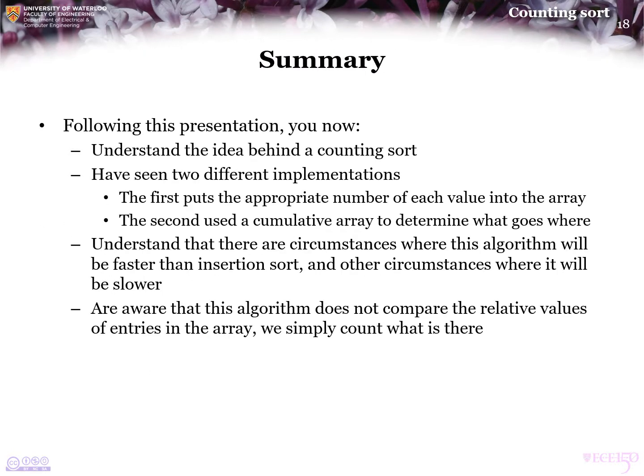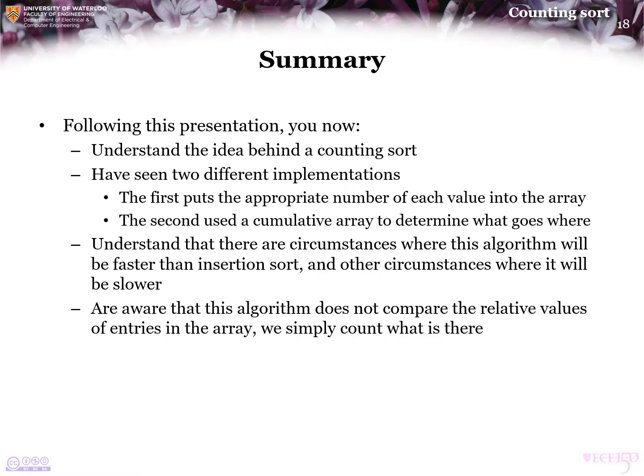So, following this topic, you now understand the idea behind a counting sort. You have seen two different implementations. The first puts the appropriate number of each value into the array. The second uses a cumulative array to determine what goes where.